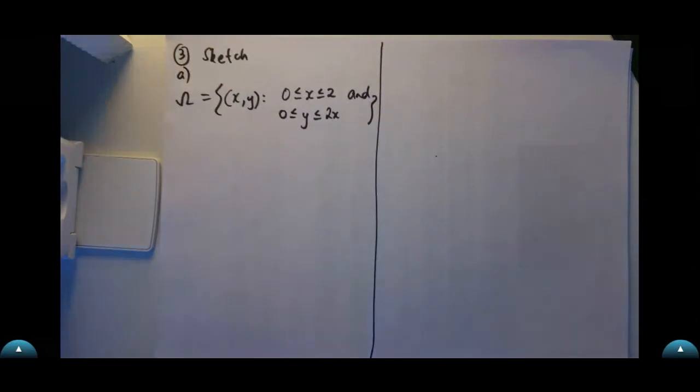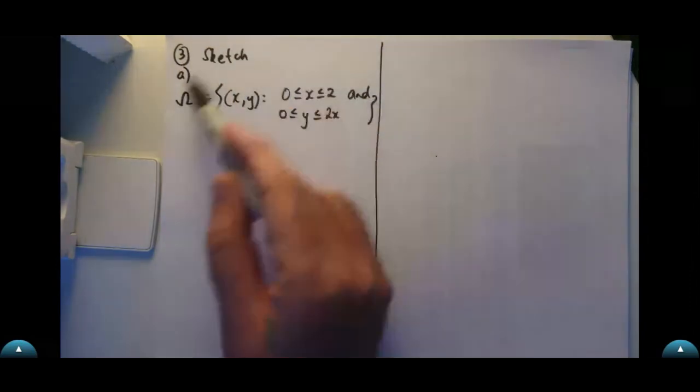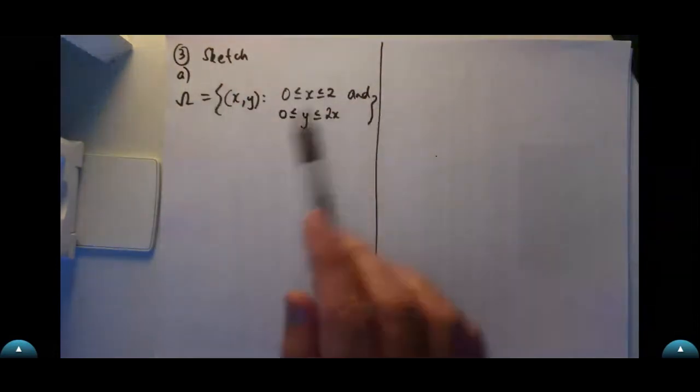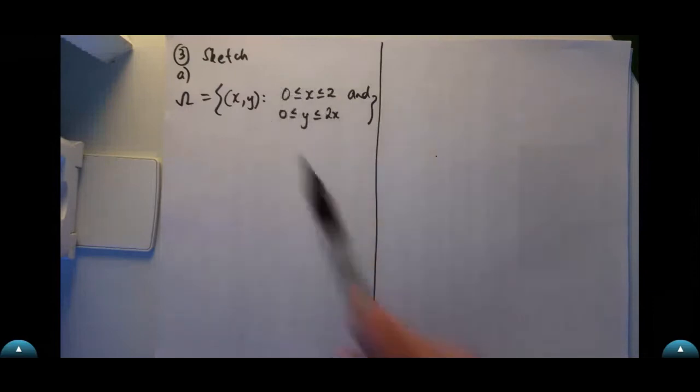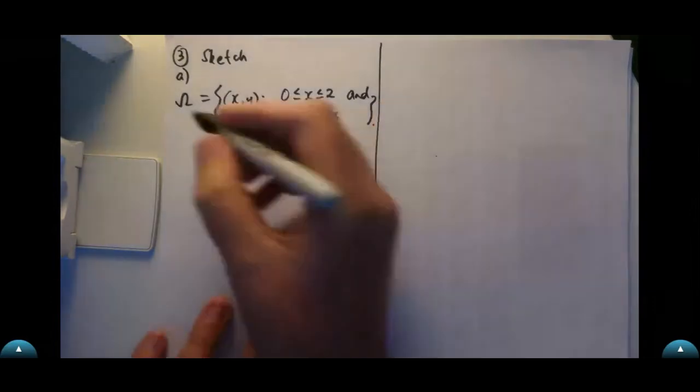All right, so the strategy that I'm going to use for this is to sketch the lines on the boundary or the edge of the set.